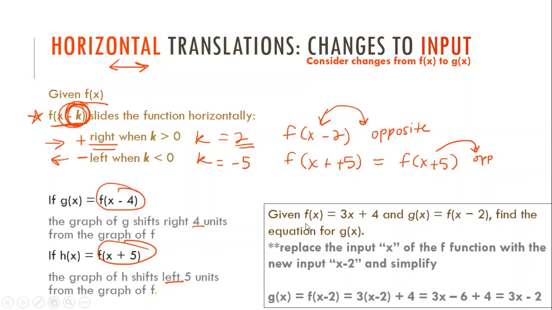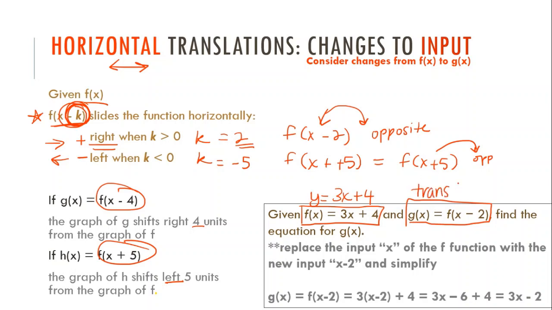Another way to think about this, in a more specific example, given that f of x, so here we actually have our function for f of x. Remember that function notation, when we have a linear equation, can also be written as y equals. So if I write it as an equation, I have y equals 3x plus 4. In function notation, it's f of x equals 3x plus 4. This is telling me how my function has moved, how it's changed or translated.